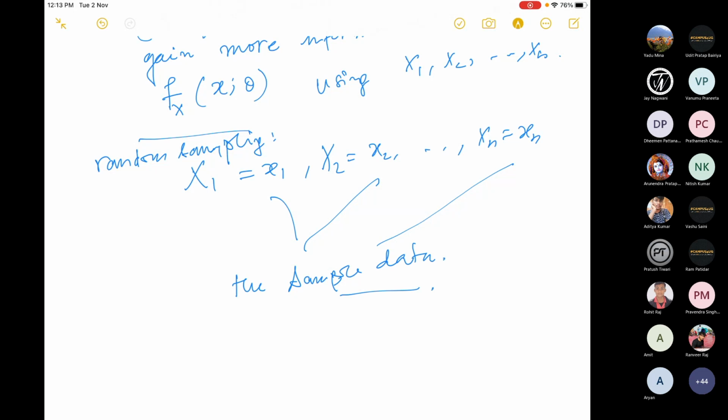Now, our idea is to employ any statistical method or the knowledge of statistics. Basically, statistics is about developing methods to gain information about the population from the information about the random sample.